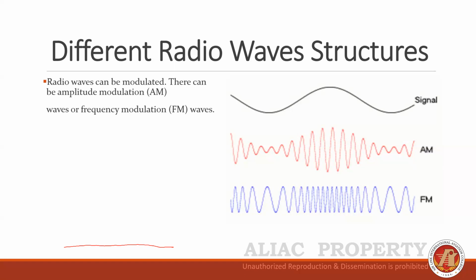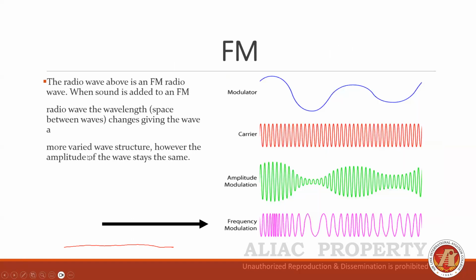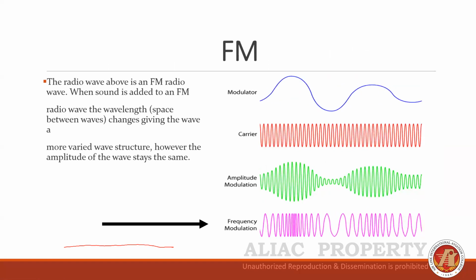Okay, it is used there. Next, let's go to FM. You saw AM and then the FM. The radio wave above, or the one at the side, is an FM radio wave. When sound is added to an FM radio wave, the wavelength changes, giving the wave a more varied wave structure. However, the amplitude of the wave stays the same.